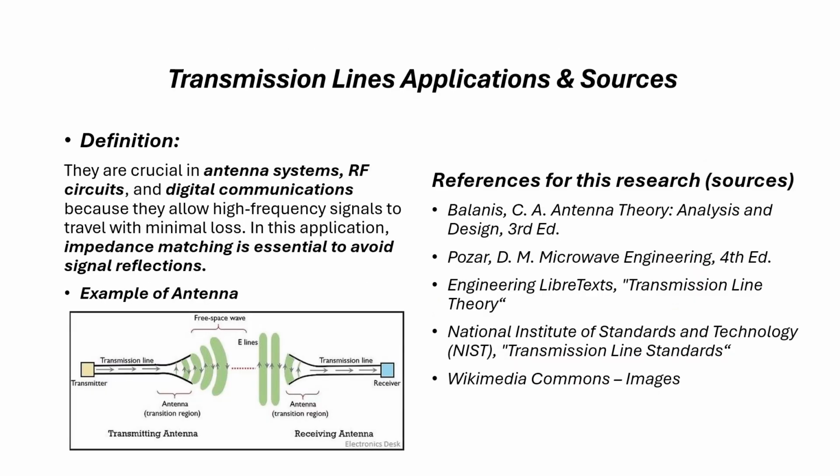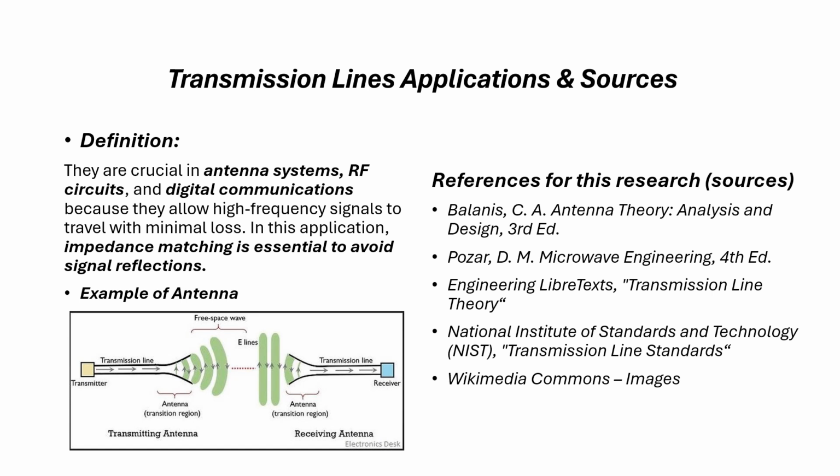This is the fifth slide of this presentation, which is also the last slide. It is about transmission line applications, and I also provided the sources that I used for this research. For the application of transmission lines, we use them in antenna systems, RF circuits, and digital communication. The reason is that they allow high frequency signals to travel with minimal loss.